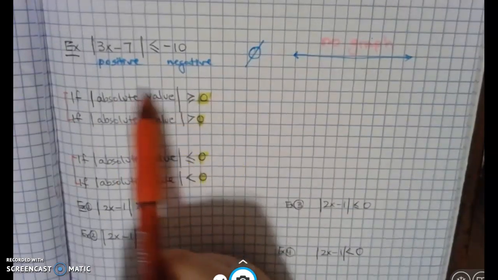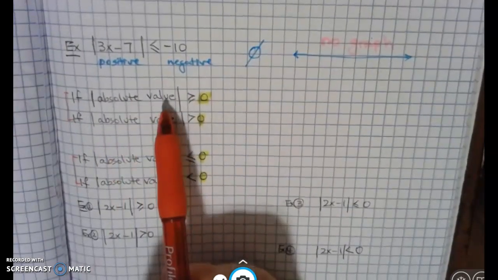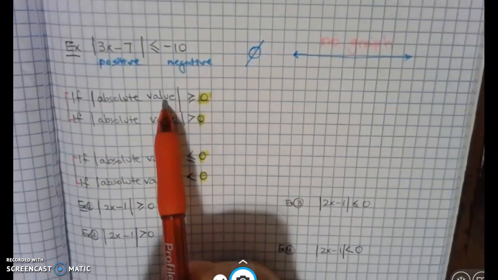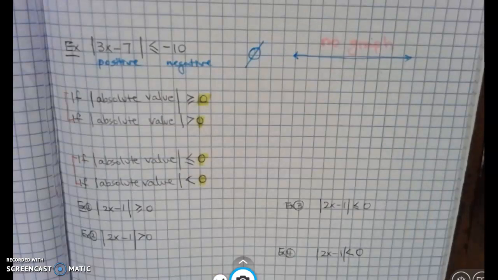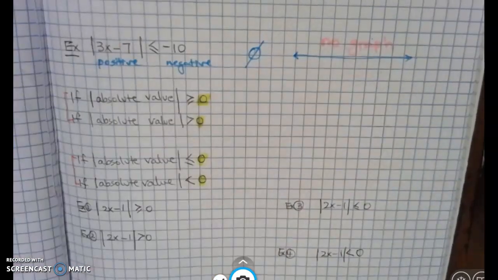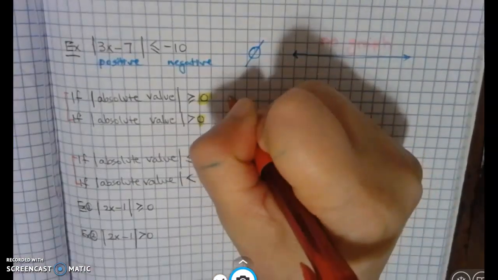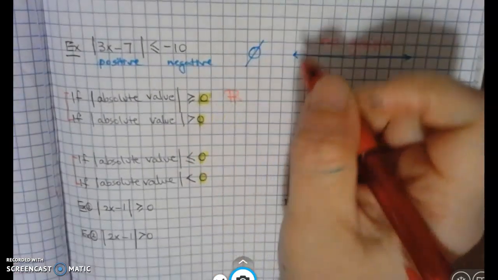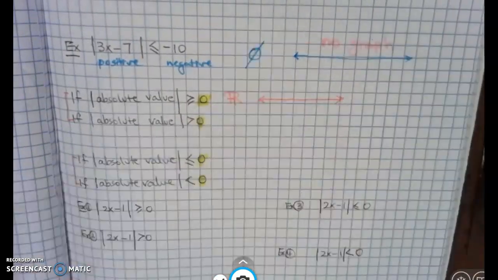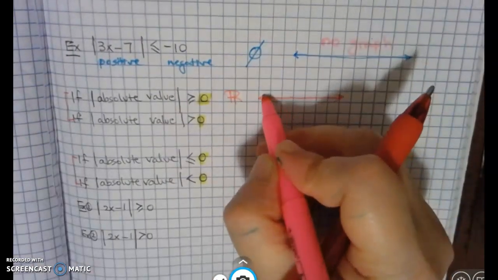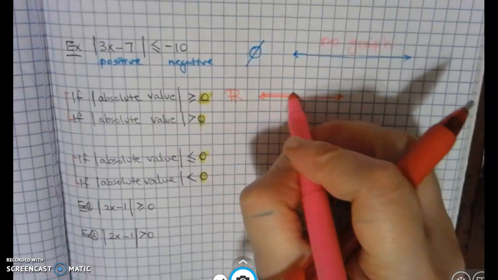Since absolute value is always going to yield positive or 0 as its output, this is always going to be true. So we can say this is all real numbers. And if I was to graph this, all the numbers on the number line will be shaded.